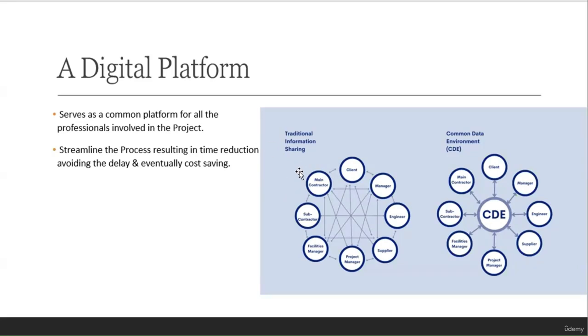Like you can see here, in the traditional system, the transfer of information was connected on a one-to-one basis. The transfer of information or issues was much constrained and was dependent on the departments concerned. So there was a chance of loss of information or information not being conveyed correctly.